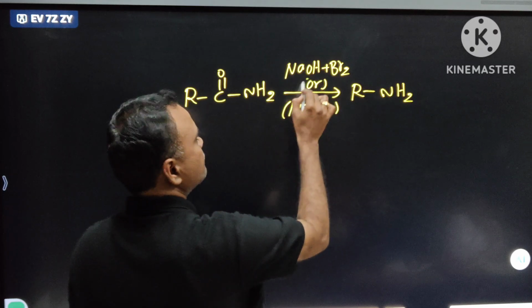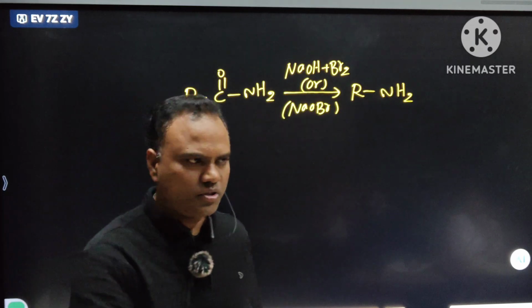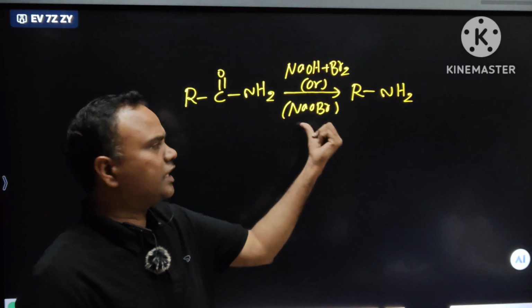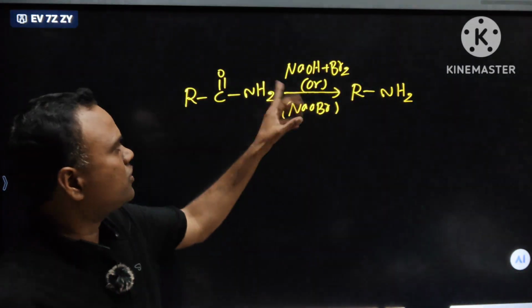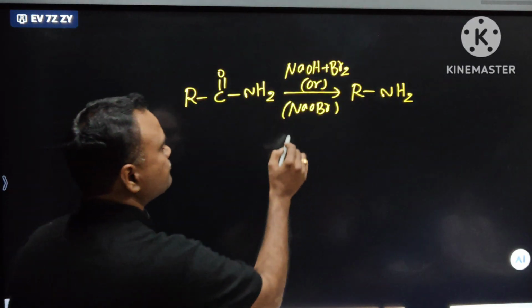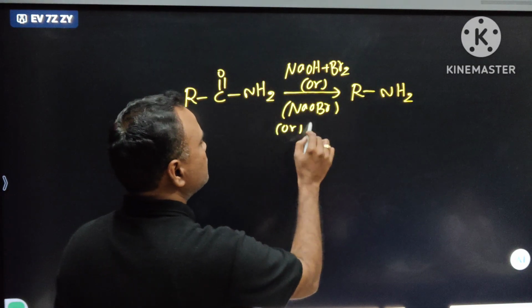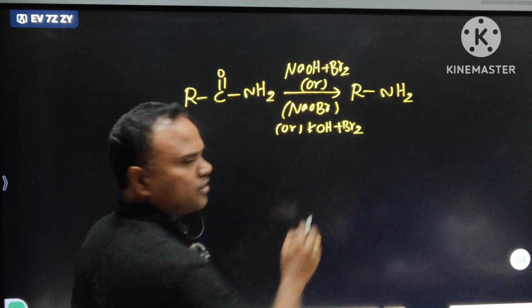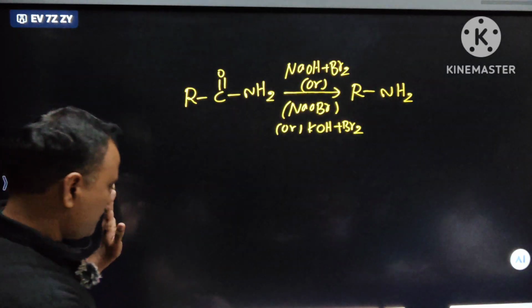Both are same, because when we mix these two, we will get this one. You can use KOH also, another combination, KOH plus Br2. Right? And observe the points.